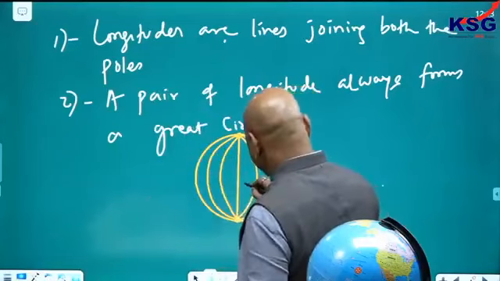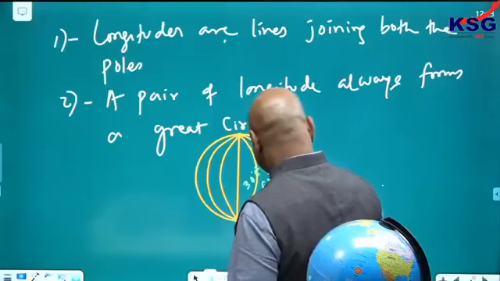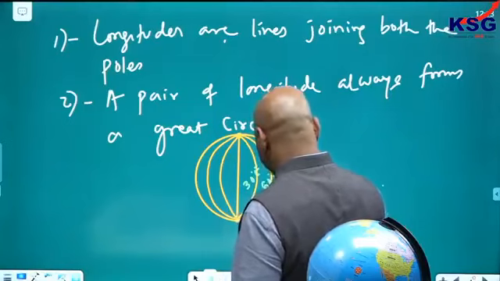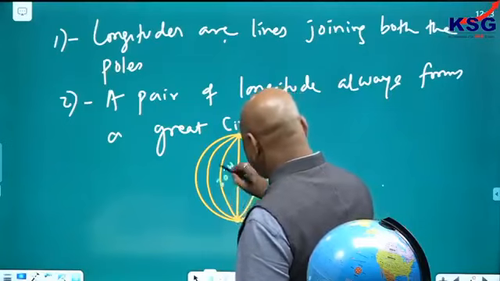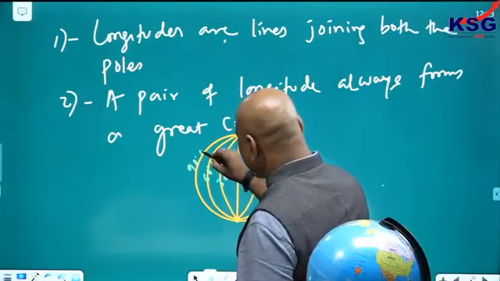If it is 30 degree east, 60 degree east, 90 degree east, 30 degree west, 60 degree west, 90 degree west.